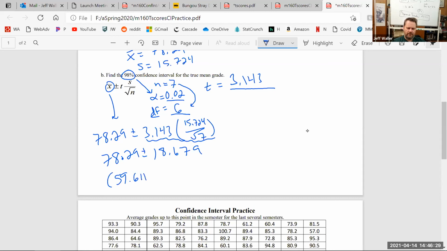Is that what that is? Yes. And then 96.969, I think. Yes. All right, look at Jeff. Adding, subtracting like he knows what he's doing. Now look at that interval.